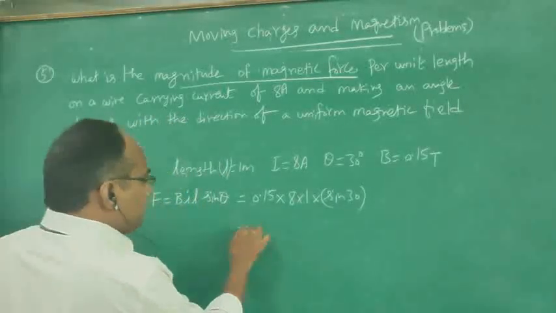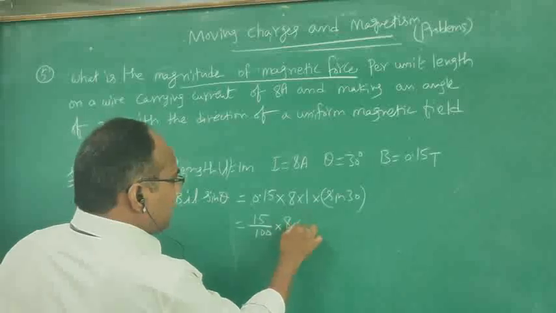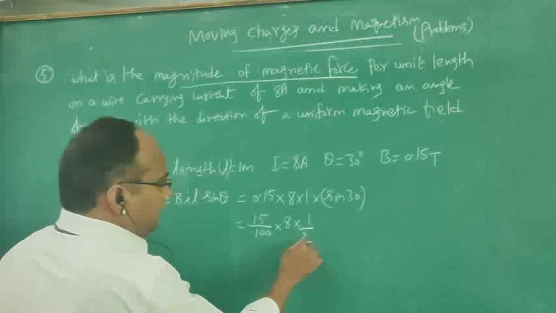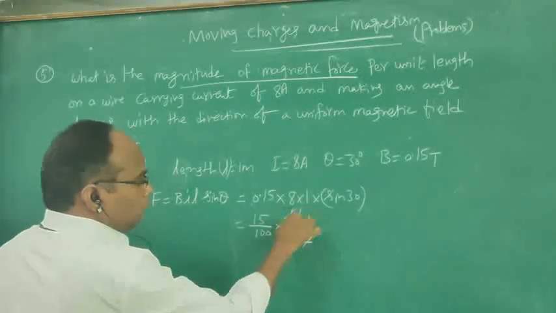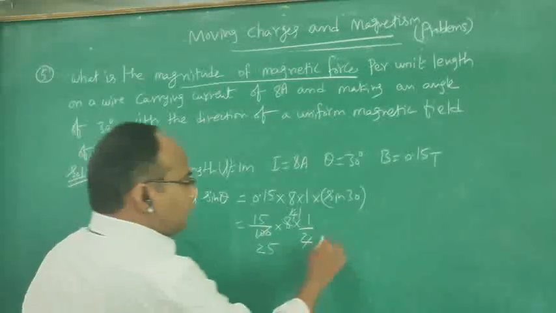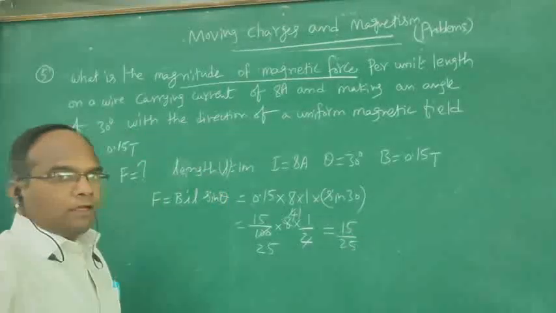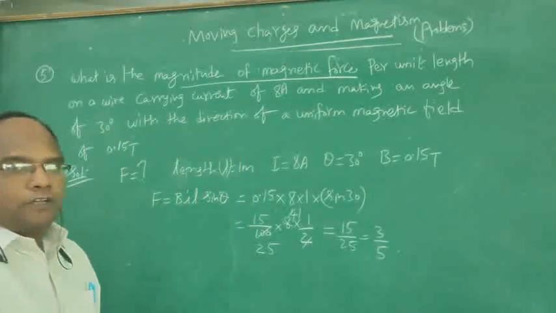So 15 by 100 into 8 into 1 by 2. From here, 2 ones are 2, 2 fours are 8. So the value you can write as 15 by 25. Five 3s are 15, five 5s are 25.